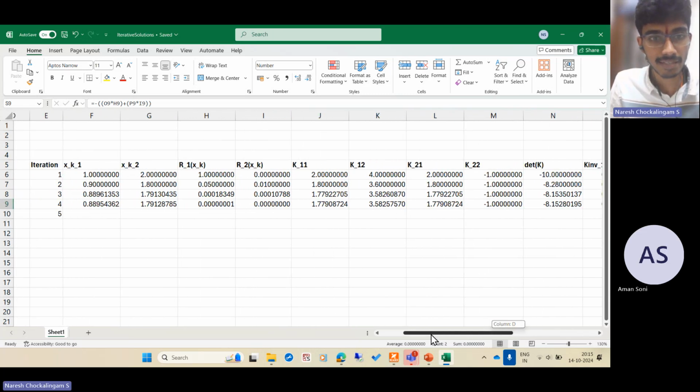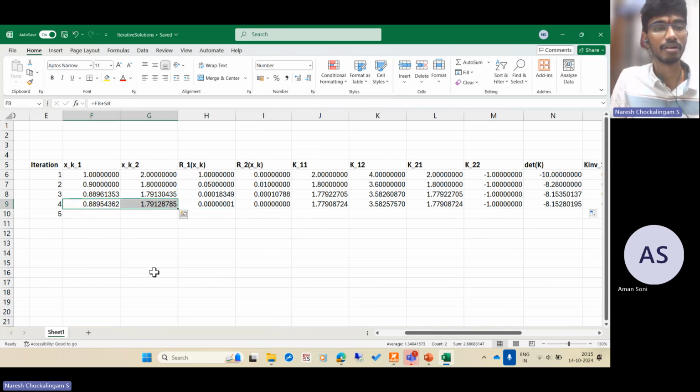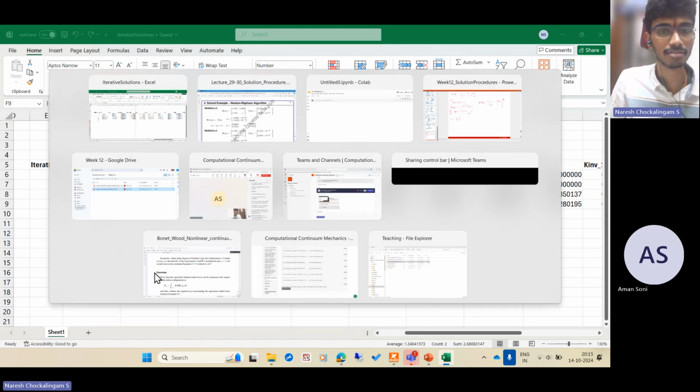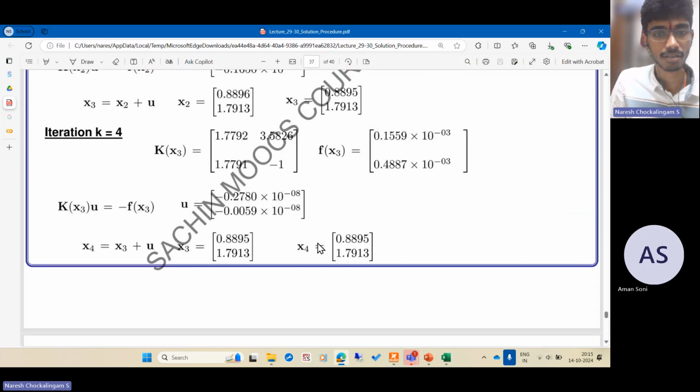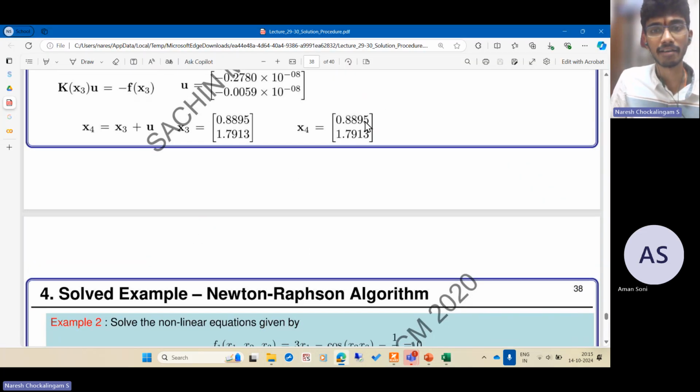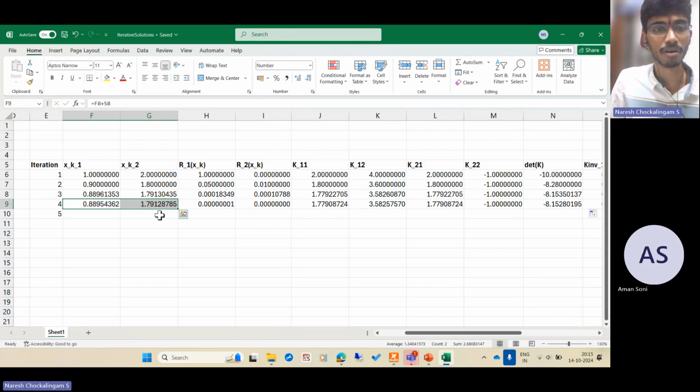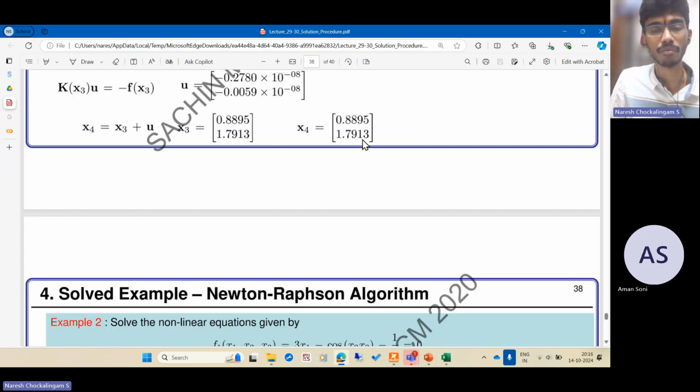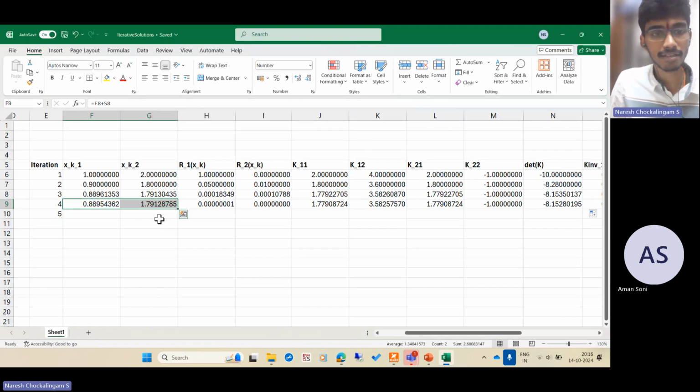At this stage, the residual also is something like 1 into 10 power minus 8 and less than that. So this value can be taken as the converged solution, 0.88954662 and 1.7913. So that is what we have.